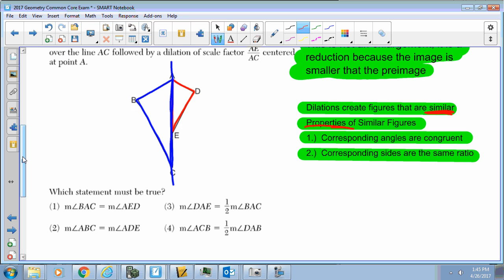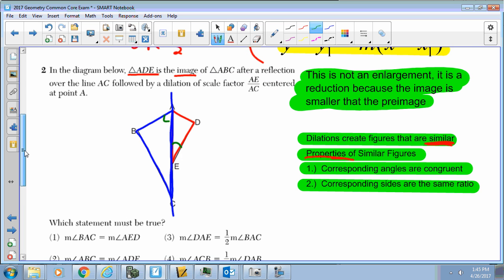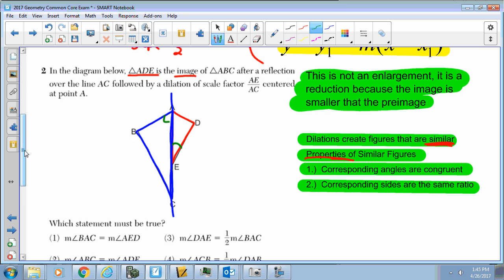Well, let's look here. Our first one says BAC, so that's going to be this angle, is equal in measure to AED, which is this angle. BAC would be, let's go in order of the letters. Are those corresponding angles?